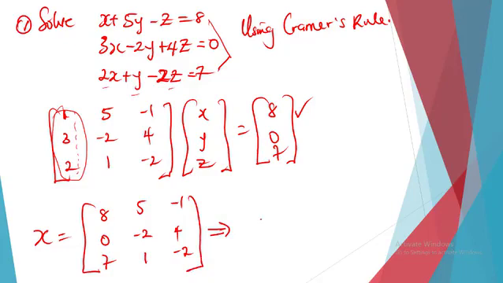How do we do that? For 8 we have this and this cancelled, so we have minus 2 times minus 2 to give us 4, minus 4 times 1, 4. Then minus, remember this is plus, minus and plus, minus 5 into this and this will be cancelled. So we'll have 0 times minus 2, which is 0, minus 4 times 7. 4 times 7 will give us 28.